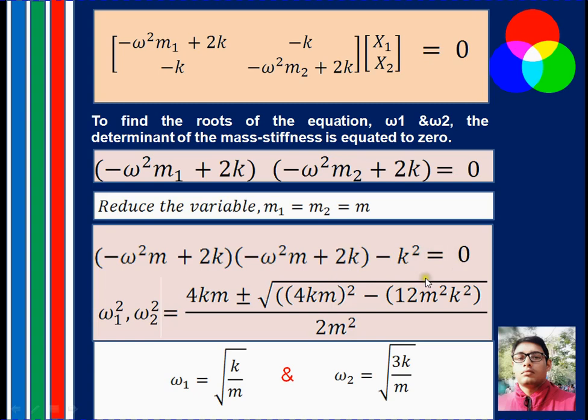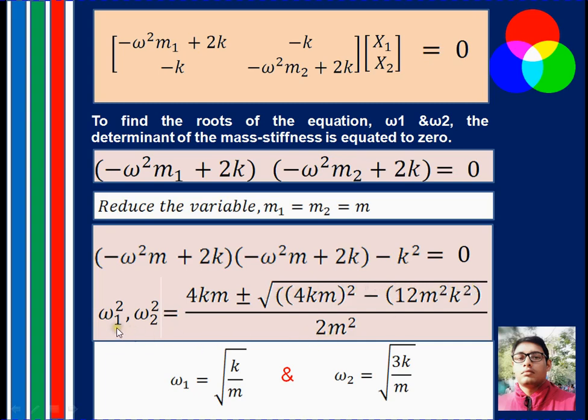Now the roots of these equations we say omega 1 square and omega 2 square, because this is a fourth degree equation. So substituting omega square equal to some variable, it will become a quadratic equation. The solution of the quadratic equation we can get: minus b plus or minus root of b square minus 4ac by 2a.